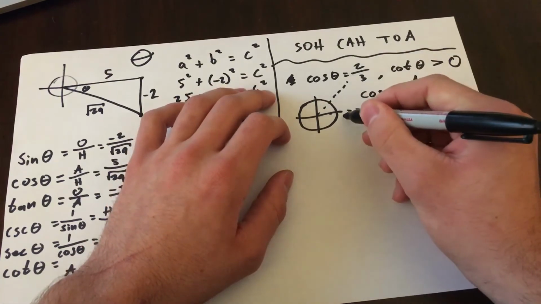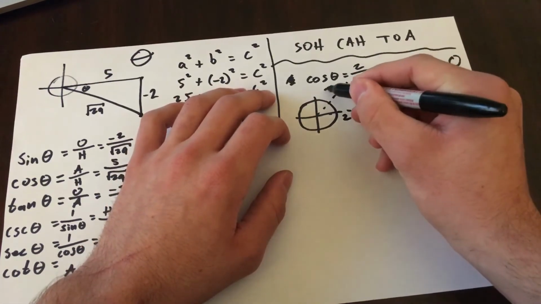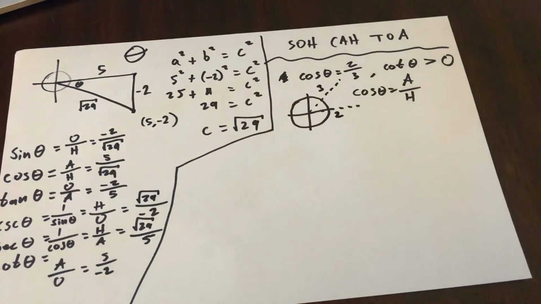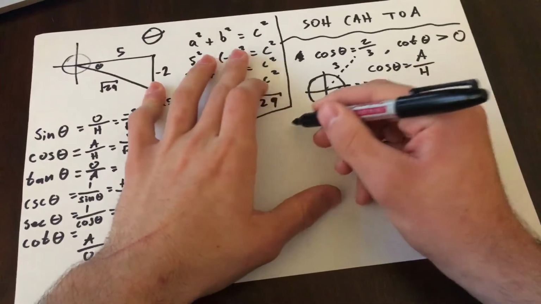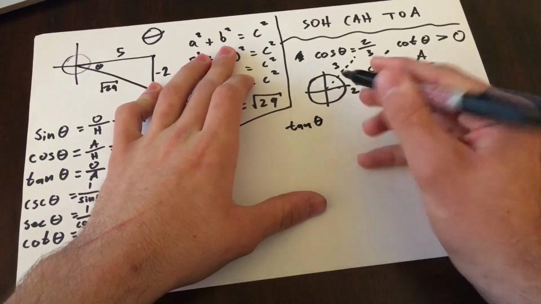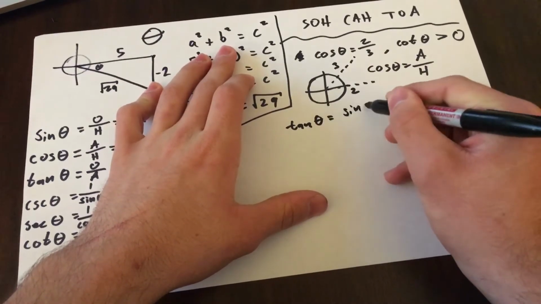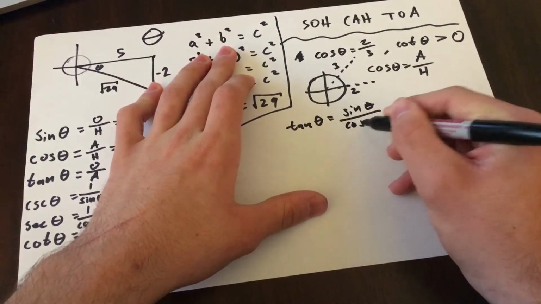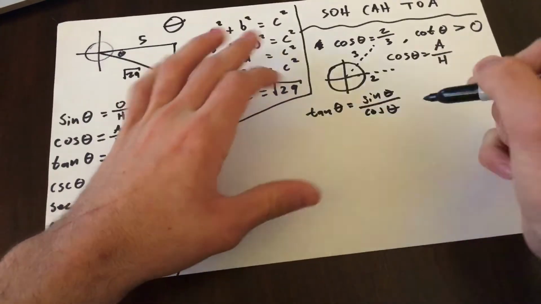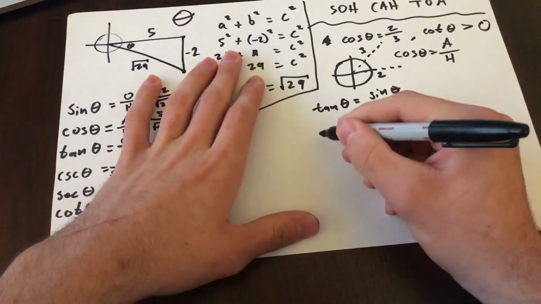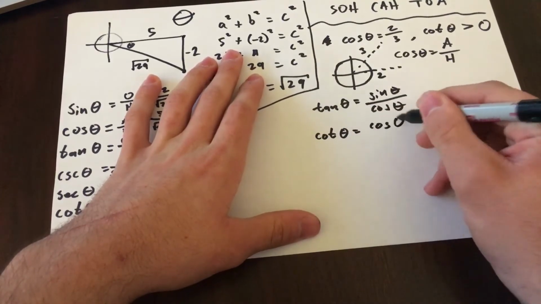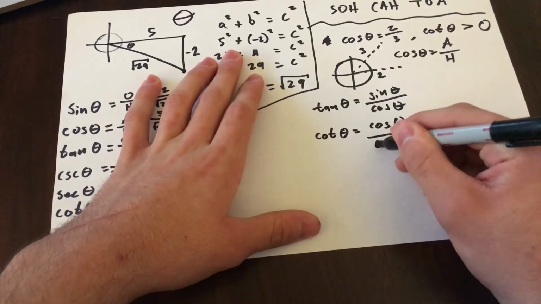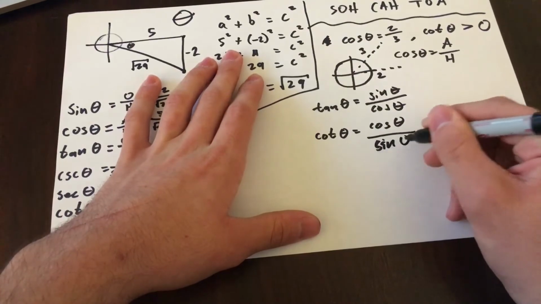So adjacent is 2, hypotenuse 3, and then cotangent has to be greater than 0. We know that tangent equals sine over cosine. Since cotangent is just that flipped, cotangent theta equals cosine theta over sine theta.